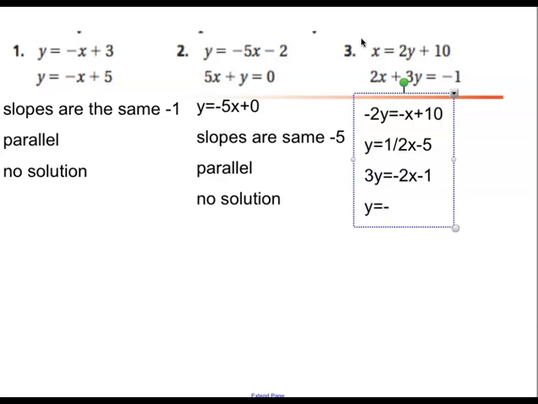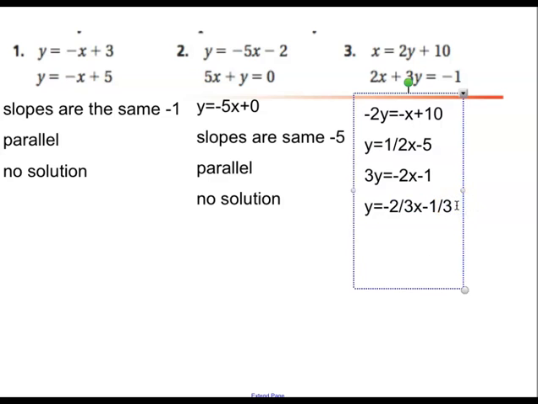We get y equals negative 2/3 x minus 1/3. And it doesn't really matter. The whole point here is you want to look at the slopes of the lines. And in this case, the slopes are not the same. So being they're not the same, there is going to be one solution. There will be a value for x and a value for y.